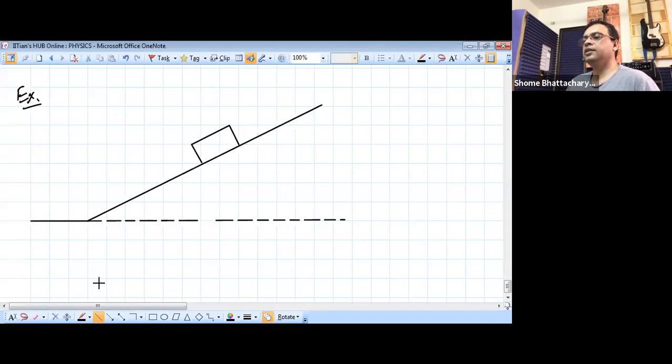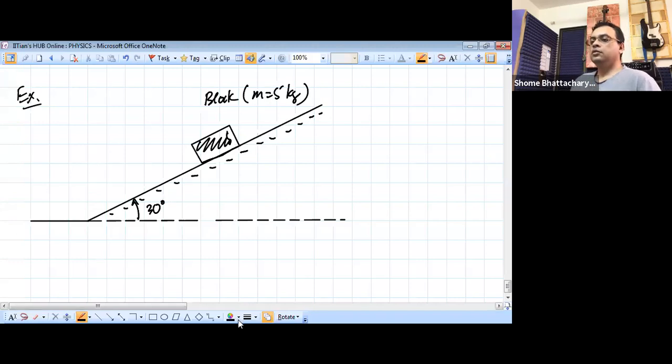So we have a block like this lying on the inclined plane. This angle is 30 degrees.